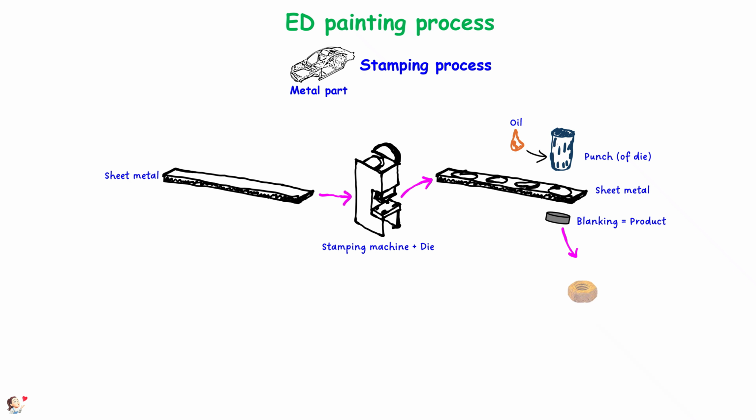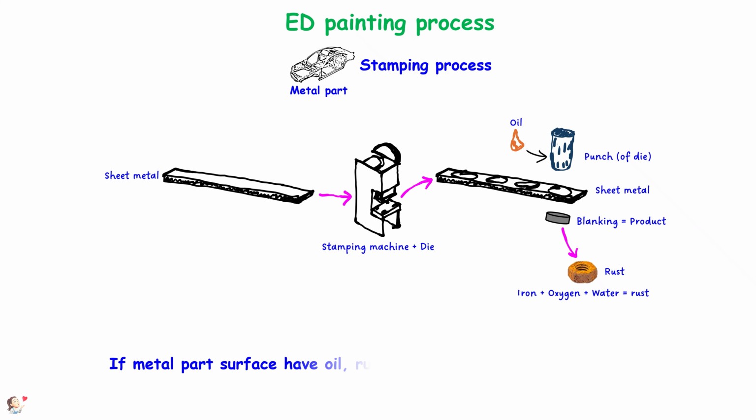Another factor is that the product is very susceptible to rust over time. You may already know the chemical formula. Iron combines with oxygen in the air and water vapor in the air to create rust on the metal surface. In addition, dust particles can also adhere to the surface of the metal part.